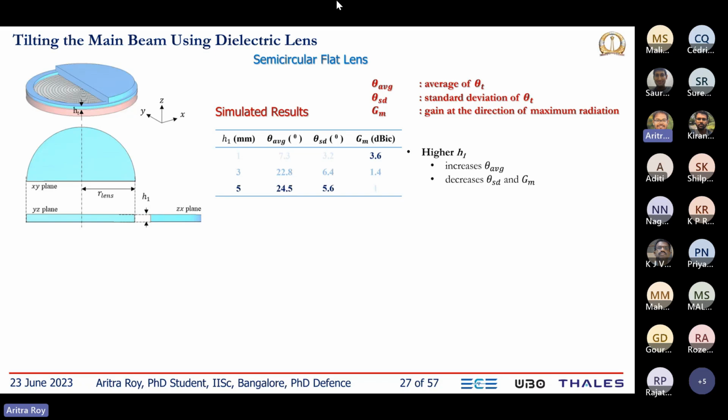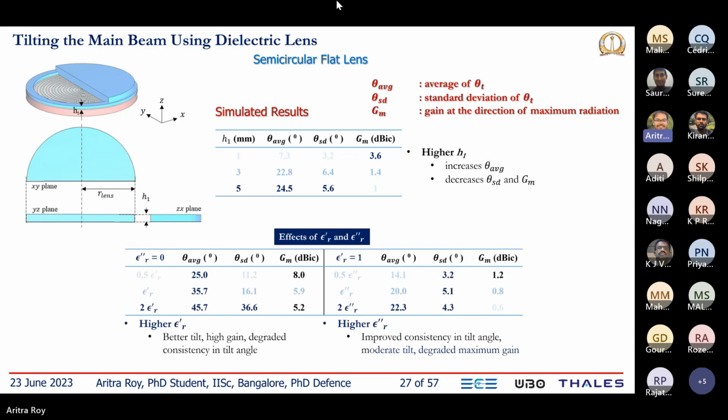If we have a higher standard deviation, that means the tilt angle is varying very fast with frequency. So what we have observed with the flat lens is that if we increase the lens thickness, the average tilt angle increases. At the same time, the standard deviation increases, which we do not want. And at the same time, the maximum antenna gain reduces, which we also don't want.